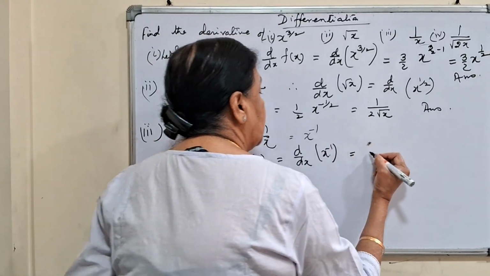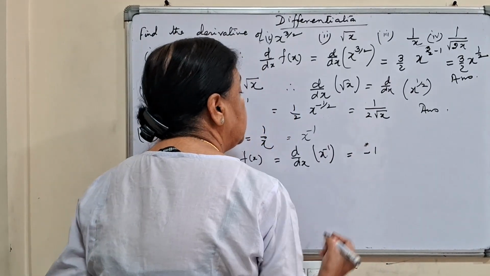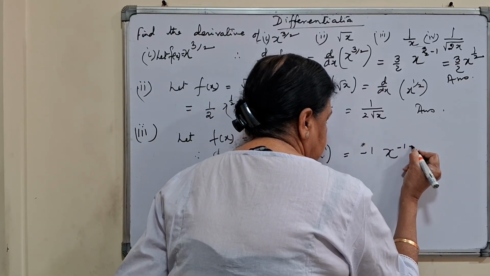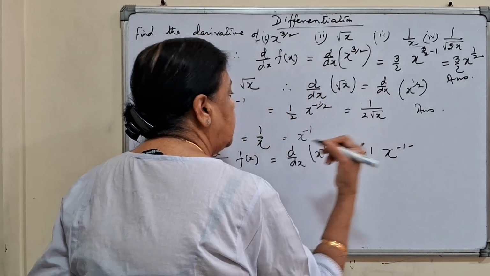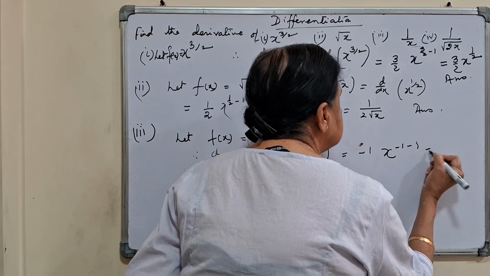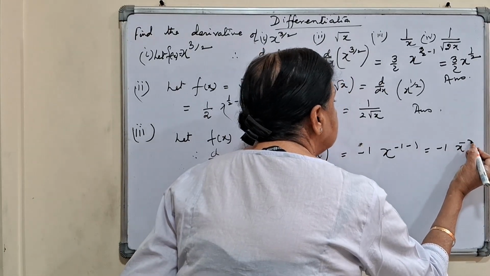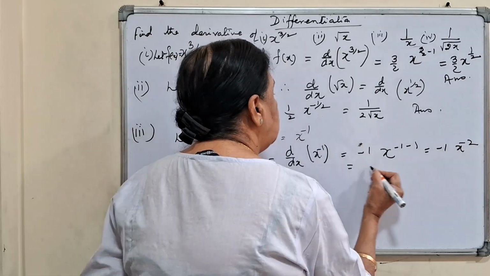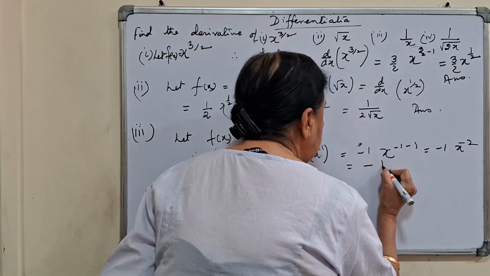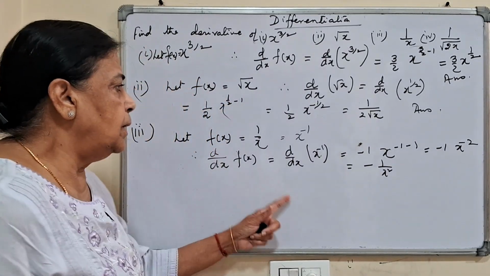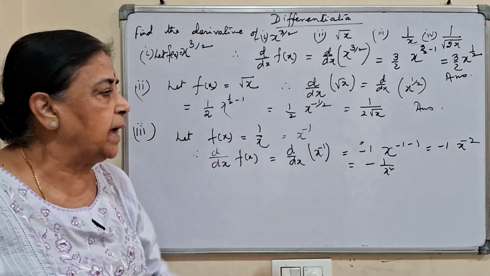That is equal to minus 1 coming in front, and x raised to the power minus 1 minus 1, that is equal to minus 1 x raised to the power minus 2, that is equal to minus 1 by x square. This we will do orally after some time.